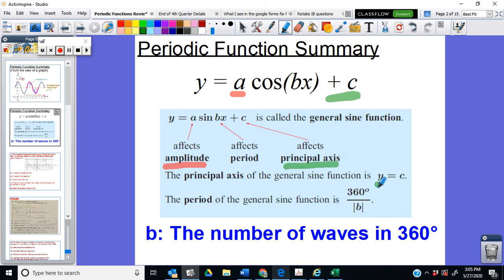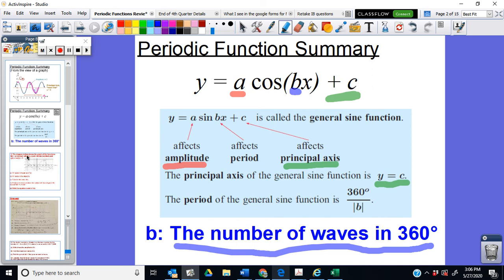And that's always a line in the form of y equals something. But we don't see the period. The period is, again, usually just one full wave. Well, this B right here in the middle, this B tells us the number of waves we get in 360.